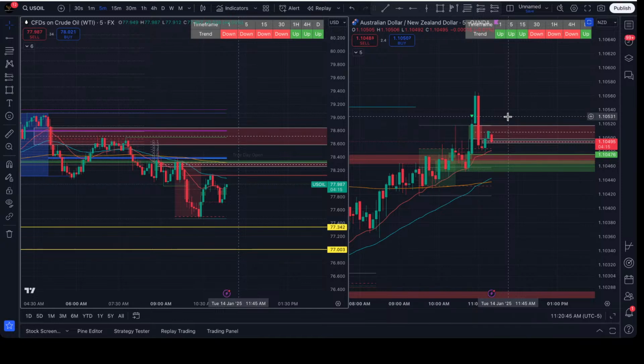Aussie New Zealand came back and tapped that fair value gap. Yeah, both these markets just stuck here.